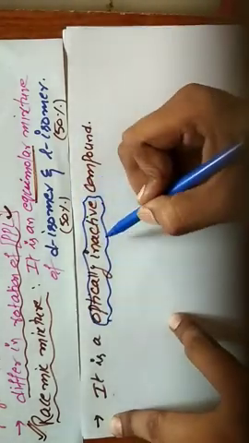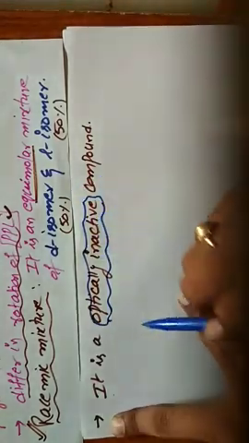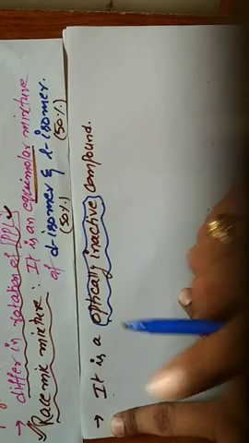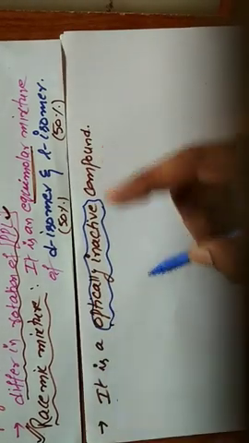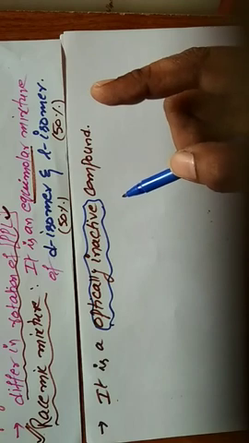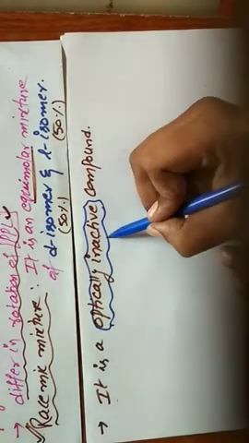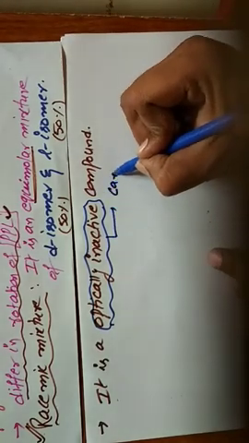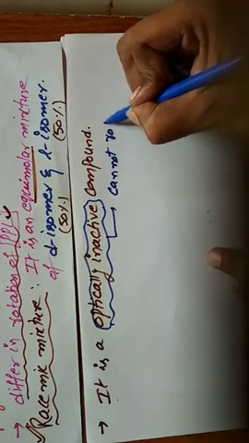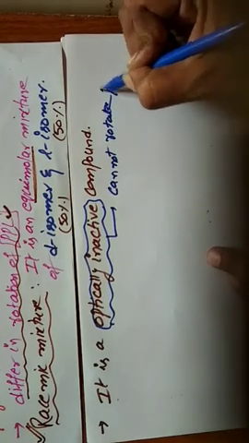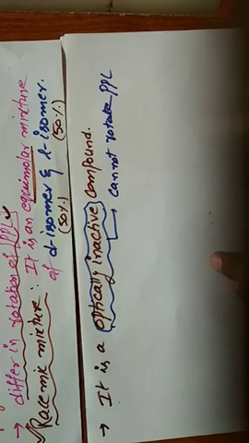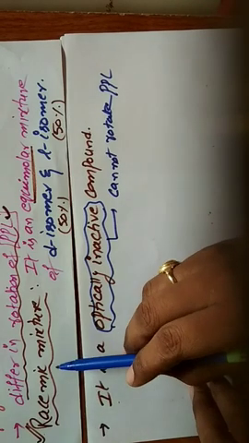In the last class we discussed optically active. Optically active means it rotates the plane polarized light, either to the right side or left side direction. Inactive means it cannot rotate PPL, plane polarized light. Plane polarized light cannot be rotated in the case of a racemic mixture.